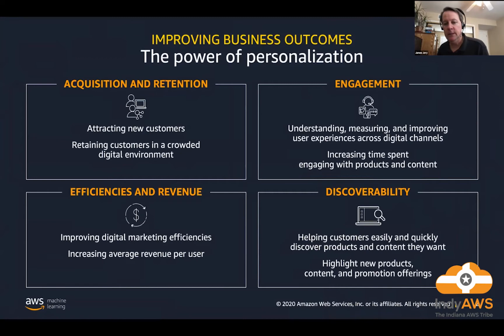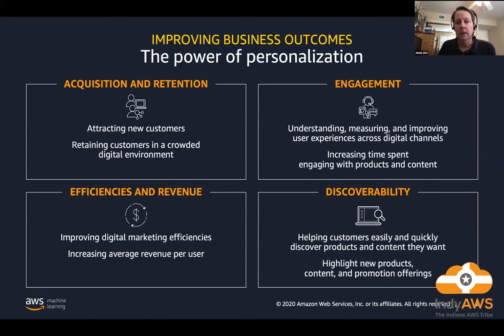Amazon Personalize is an AI service that is part of the machine learning stack at AWS, and Amazon has a rich heritage in personalization. What we see as we work with customers who are adding personalization to their applications, these are some of the business outcomes that they're looking to achieve.